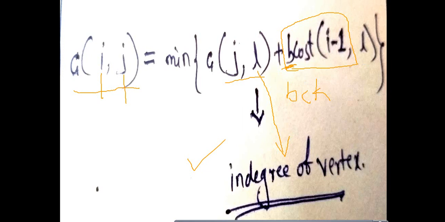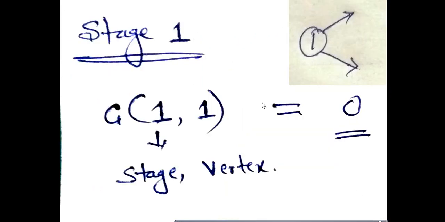Okay, so start one by one. First consider stage 1. Consider this graph. This is stage number 1, vertex number 1. So C of 1 comma 1: the first 1 is the stage number and the vertex name is 1.